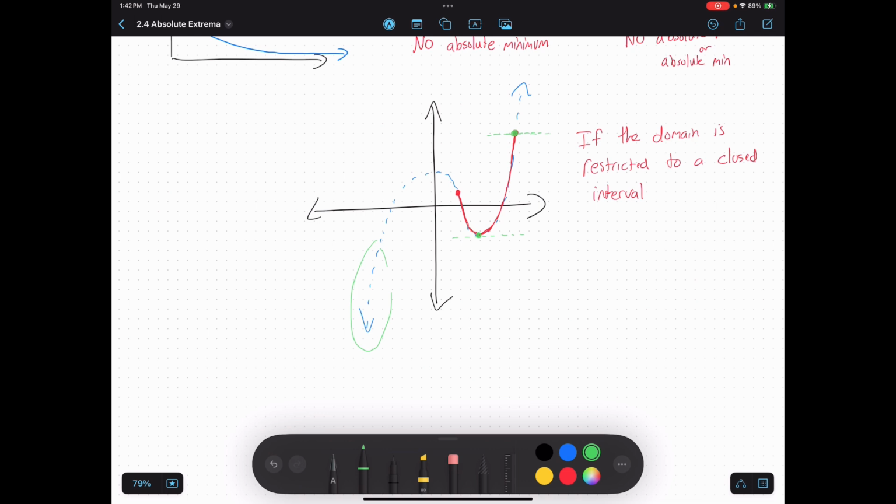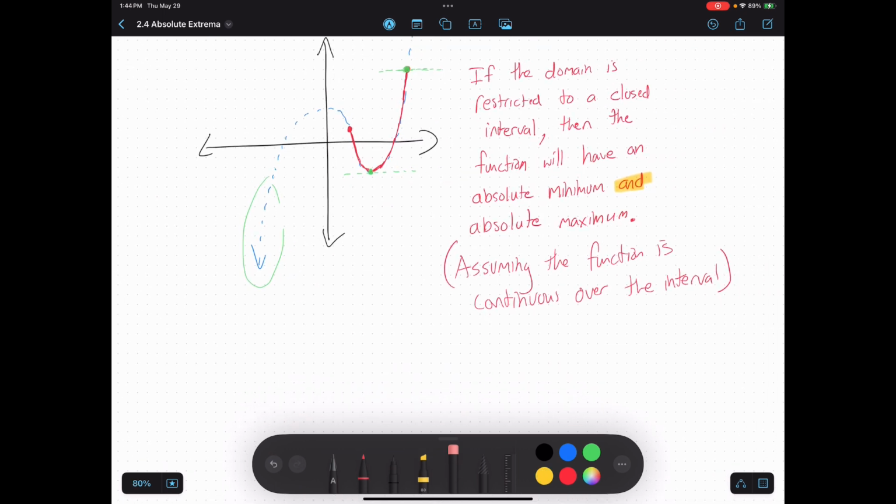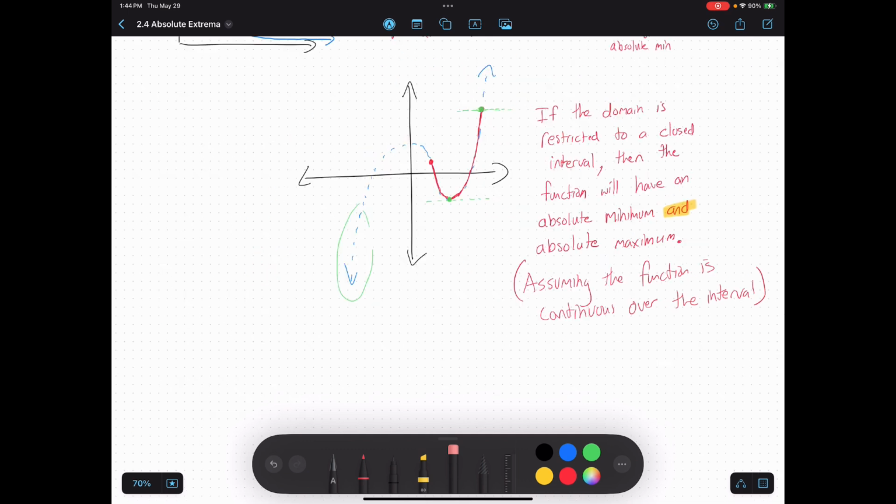So if you restrict the domain, and I guess I need to specify this is only true for continuous functions, then the function will have an absolute minimum and an absolute maximum. It's guaranteed to have both. And this is, of course, assuming that the function is continuous over that interval. And we'll actually see an example in the examples video where that comes into play.